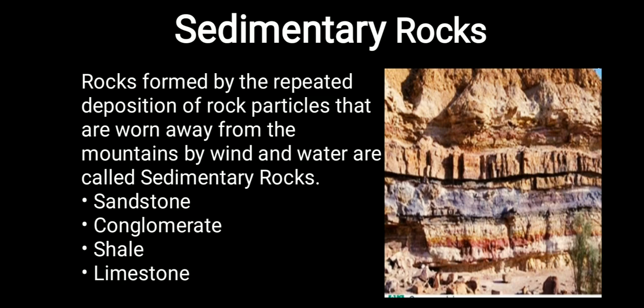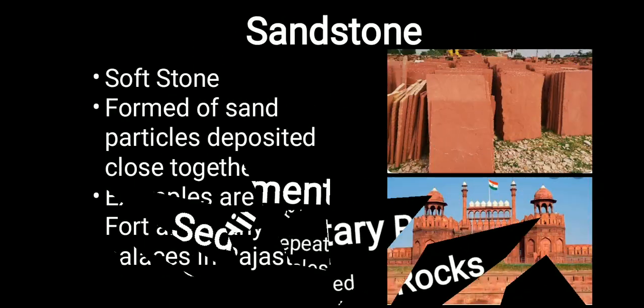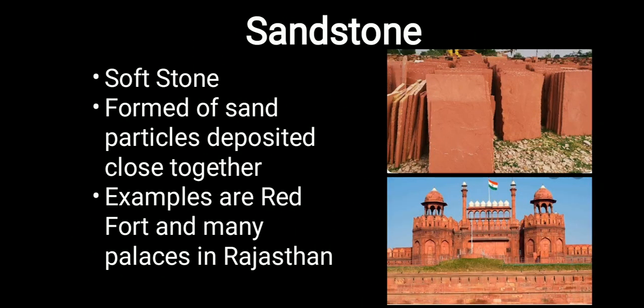So let's take the first one, that is sandstone. It is a soft stone that is formed of sand particles deposited close together. Many of India's famous old buildings, such as the Red Fort in Delhi and many palaces in Rajasthan, are made of sandstone.